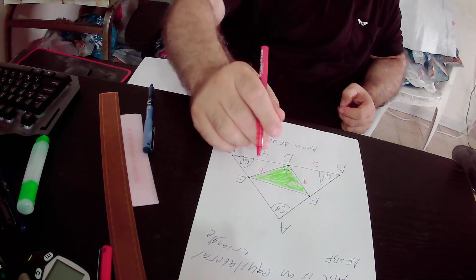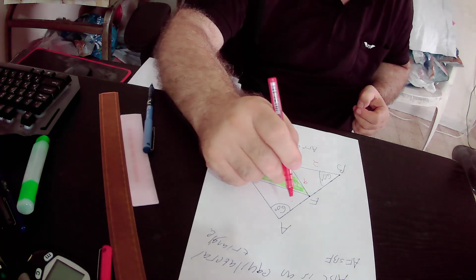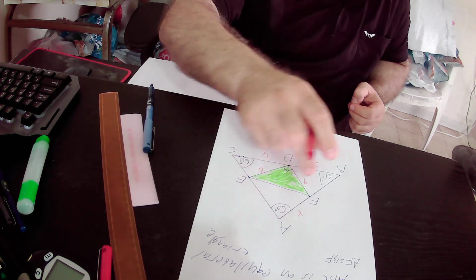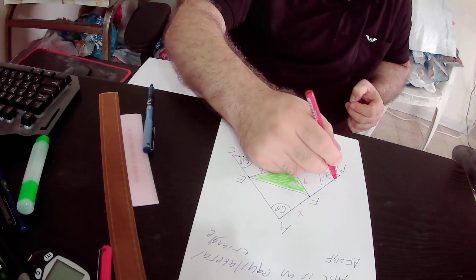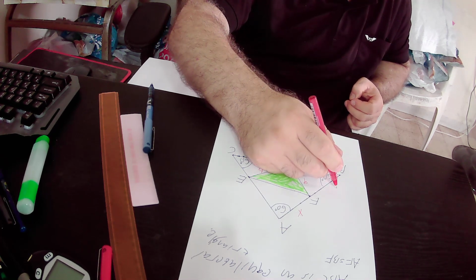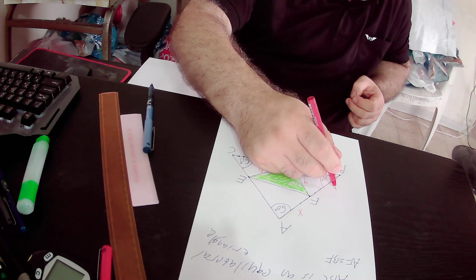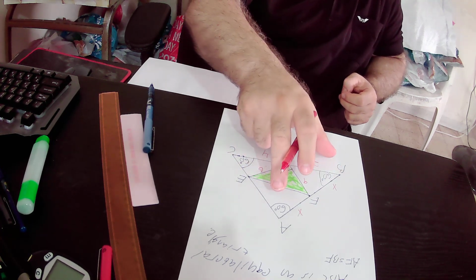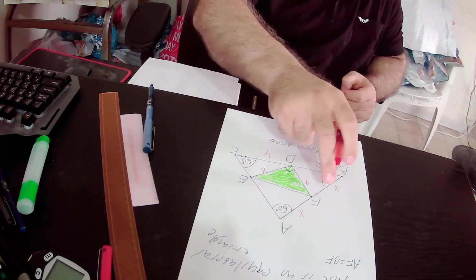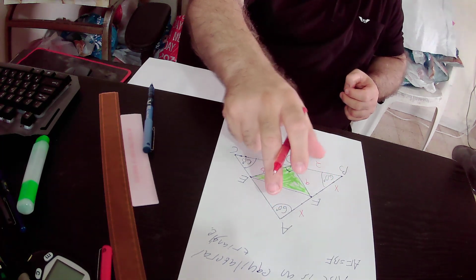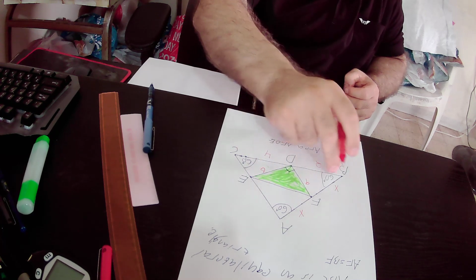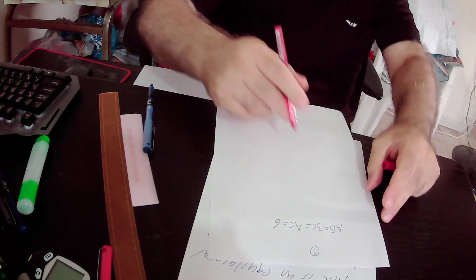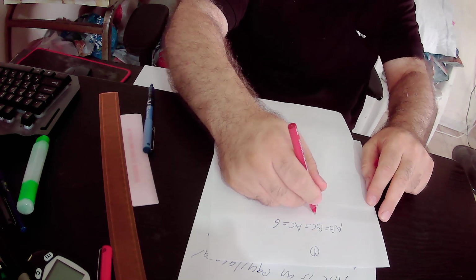If we define AF as X, then AF equals BF, so BF will also equal X. So AB equals AF plus BF, that is AB equals X plus X, or AB equals 2X.